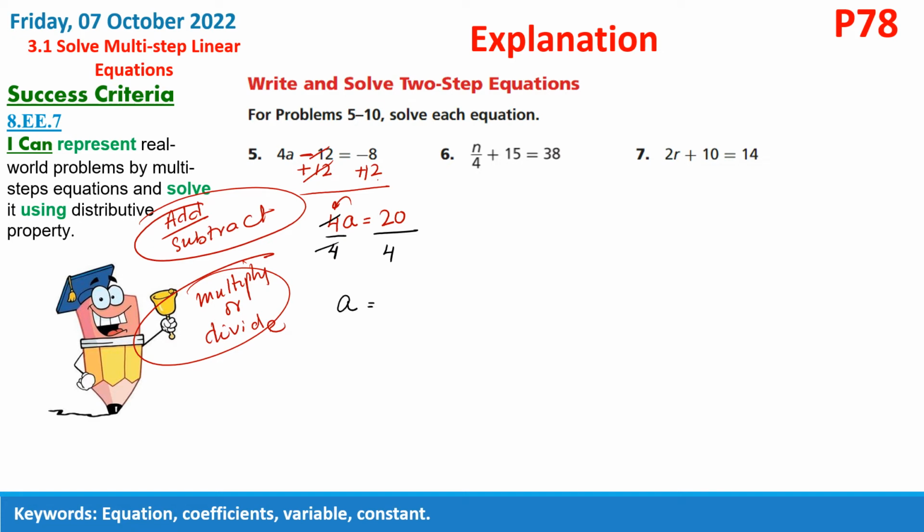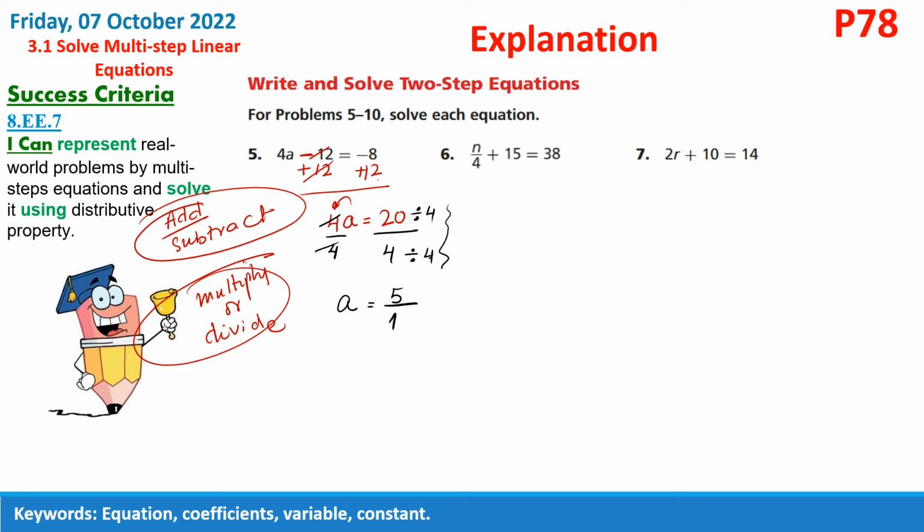Now look at this one. Does 20 go in the table of 4? Yes. So divide both by 4. We know 4 times 5 is 20 and 4 times 1 is 4. So this is our answer.